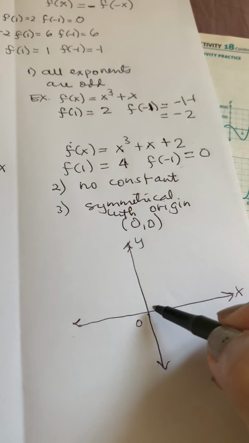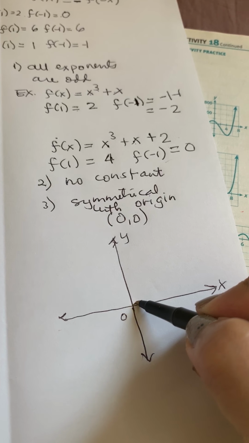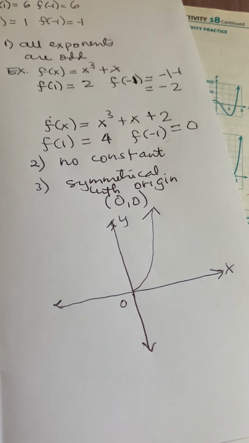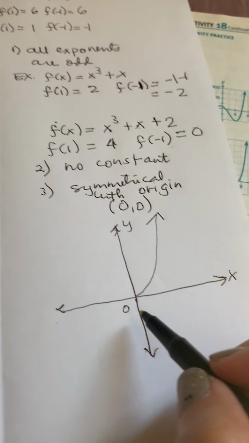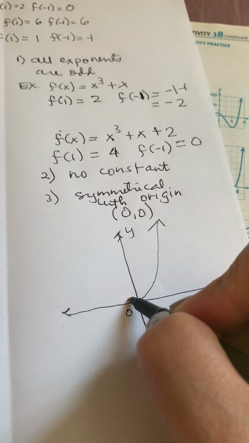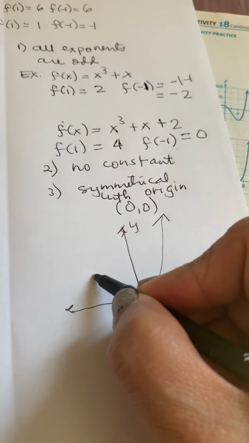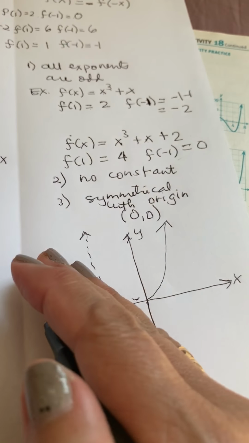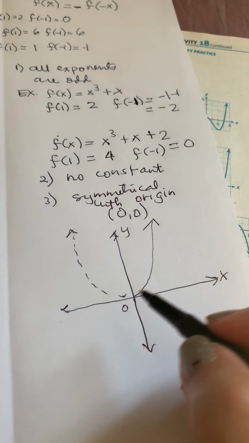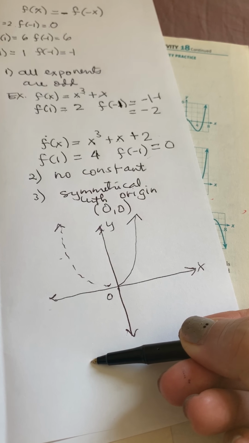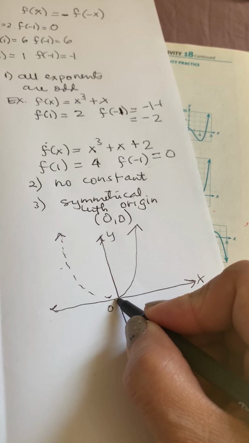Say for example, this is what you see on the other side of y. What I do is I will reflect that on the y-axis, so fold it and put it on the other side, and then I will reflect it again over the x-axis. So it will be like this.